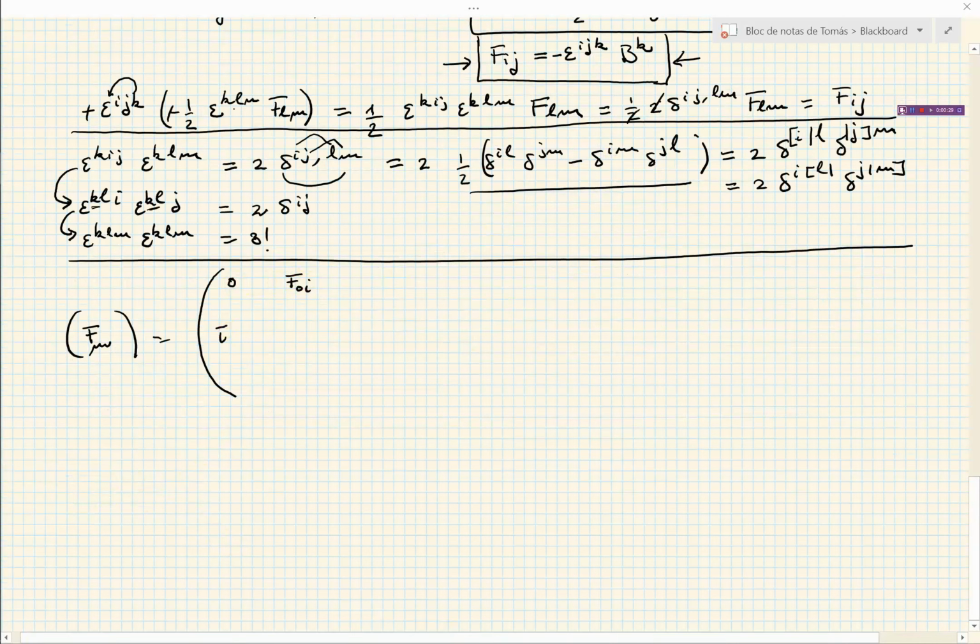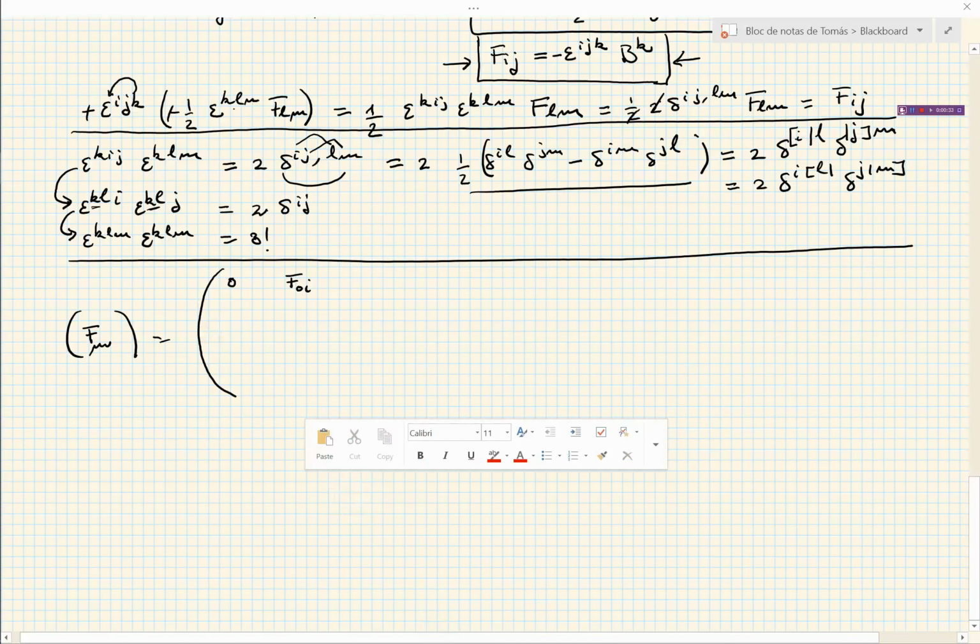Here we have Fi0, so it is minus F0i. These are the first row and the first column.